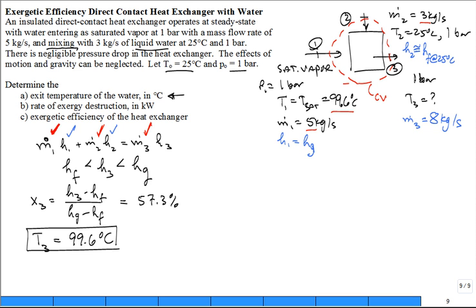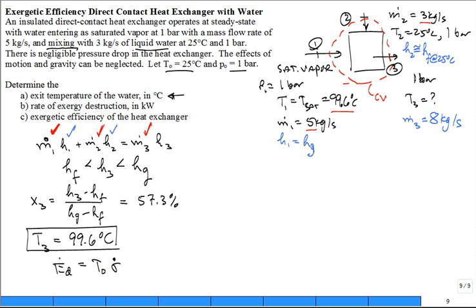Now, what is the rate of exergy destruction in units of kilowatts? How would we find that? Two strategies. First strategy is you can say that the rate of exergy destruction is equal to T naught times the rate of entropy production, and go and get the rate of entropy production. You can do that way.